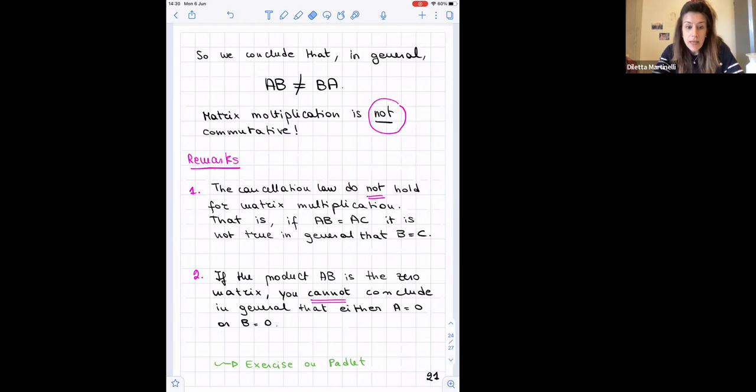The same if we have that the product of two matrices is 0, you cannot conclude in general that either A is 0 or B is 0. And we'll do some exercises about that. So before I move to the other exercises, some questions on the matrix multiplication example that we just saw?